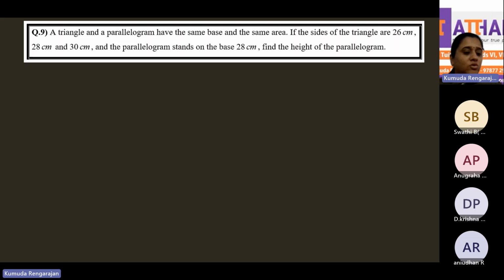Now you all know how to find the area of the triangle using Heron's formula. Do that, all of you. Take down the question. Don't do anything else. Just find the area of the triangle using Heron's formula.